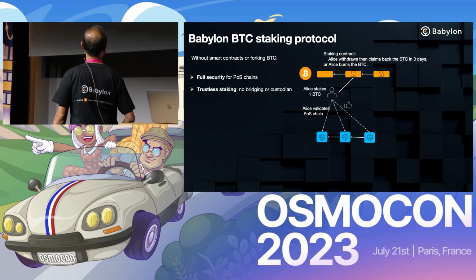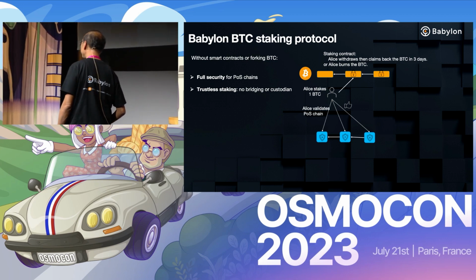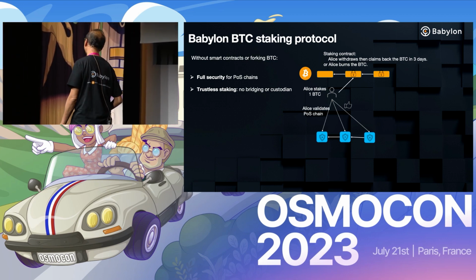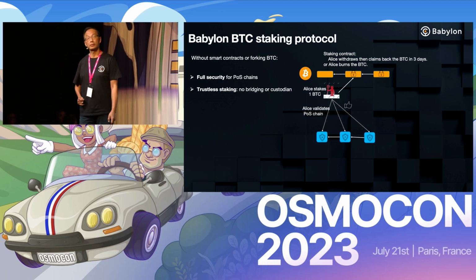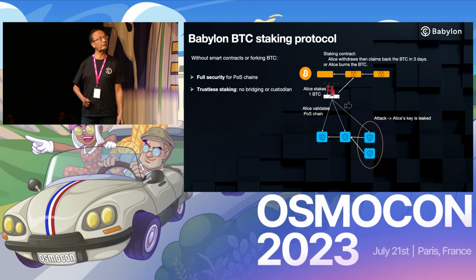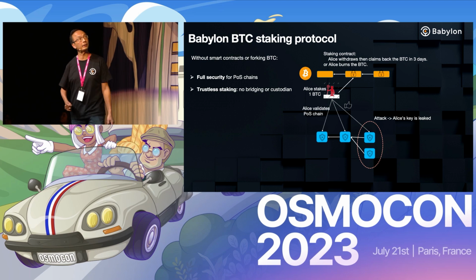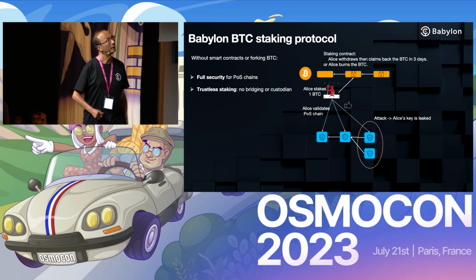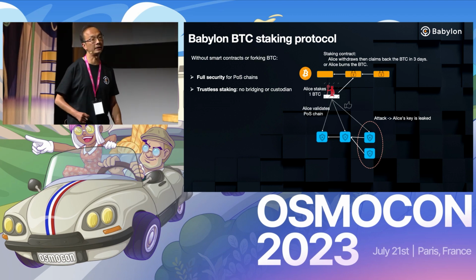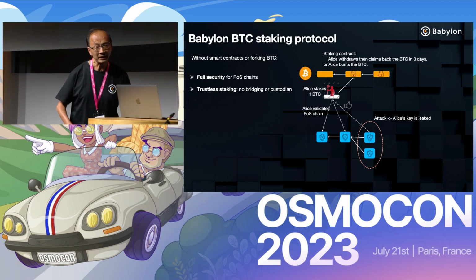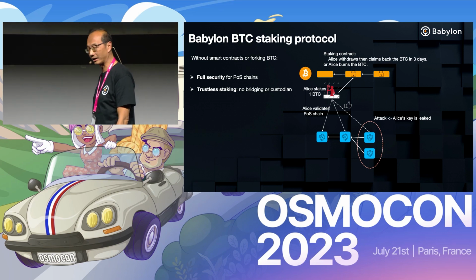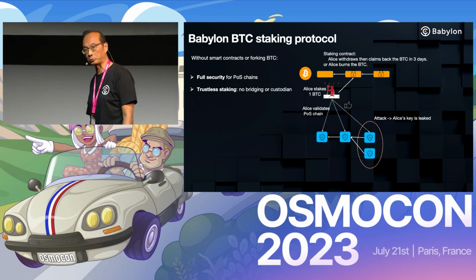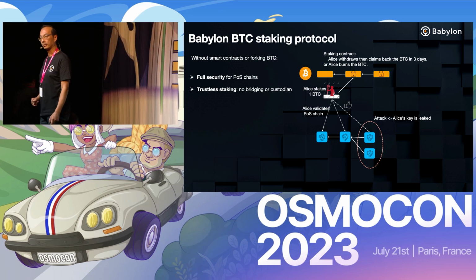Now, in case Alice does something bad, for example, suppose she forks the chain, all right. In this case, an attack has happened, and now we're supposed to slash Alice. But remember, there is no way of doing a smart contract on Bitcoin.